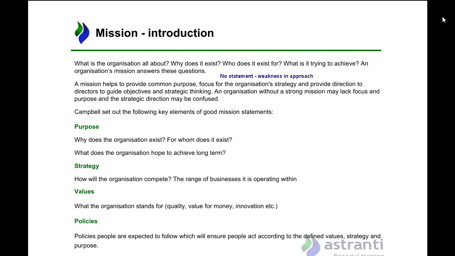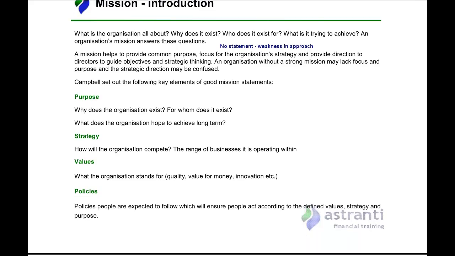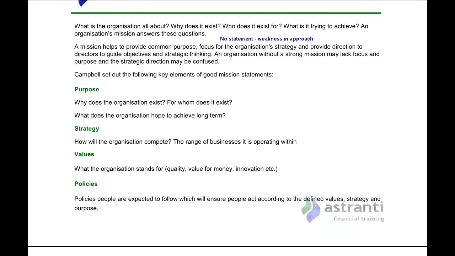Even though you're not seeing any direct results, you are aware that you're working towards this end game of the organization. So let's take a look at some of the components of a mission statement. First of all, we have purpose. Why does the organization exist? What is it trying to achieve in the long term? Well, we can answer a few of these questions here.